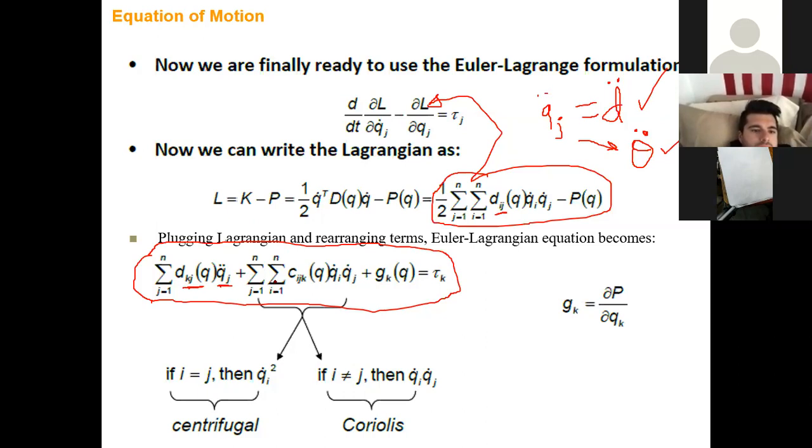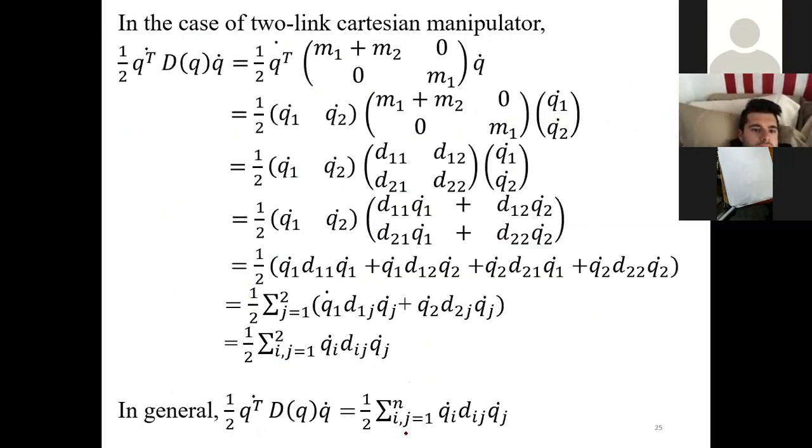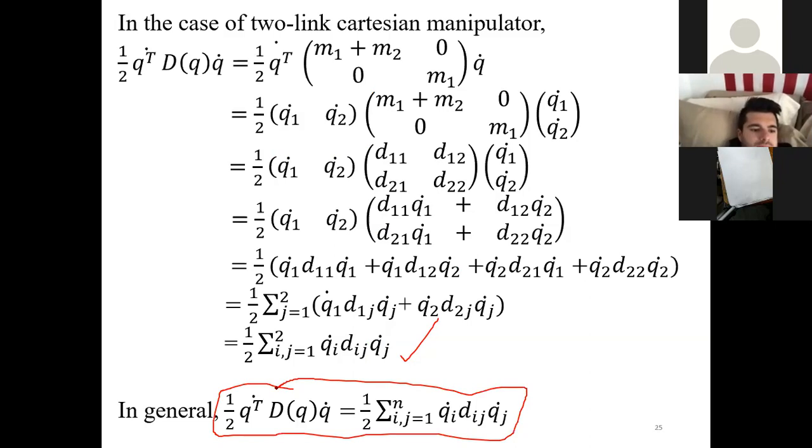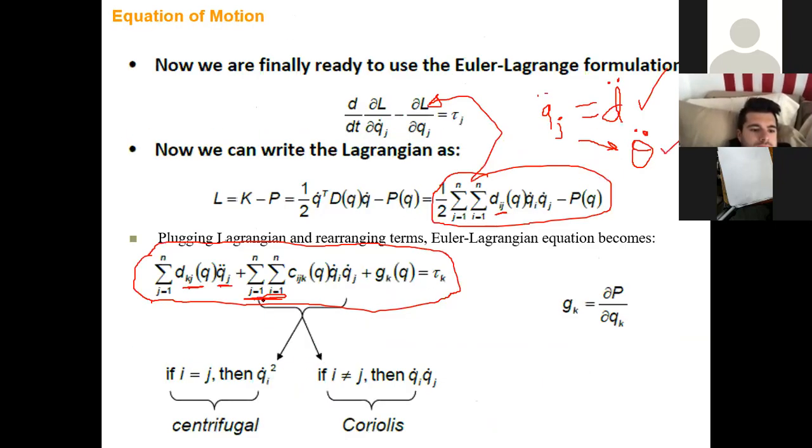Then you have two summations here, because we already saw this in the previous slide. Remember how we changed this guy to a double summation. That's why we have the double summation here, j equals 1 to n, i equals 1 to n.